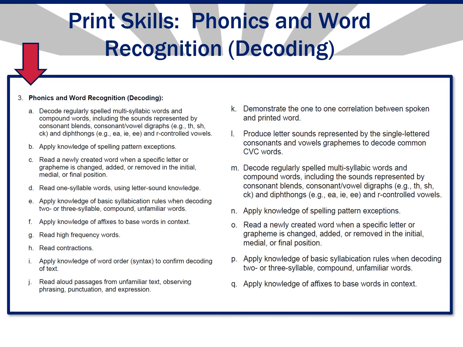The next set of skills to consider when it comes to the foundations of print are phonics and word recognition. Once students can identify individual sounds or phonemes in words orally, they will need explicit instruction and repeated practice with the various ways those phonemes are represented in print. It is important for teachers of English learners to remember and teach the numerous ways our letters can be combined and to help students make those sound symbol connections.